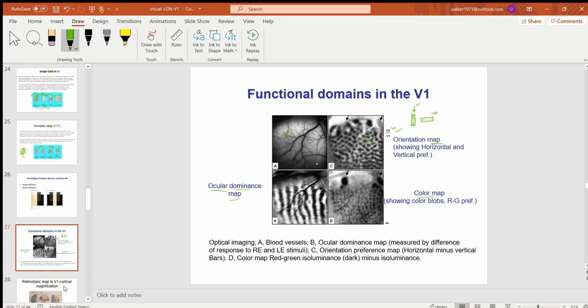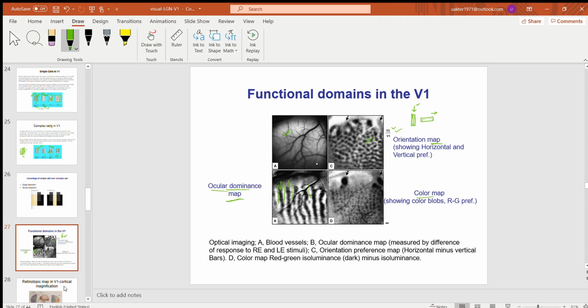Ocular dominance: they presented the stimulus to the right or left eye separately. When they presented the stimulus to the right eye, the left eye was closed, and neurons in these columns were activated. Then they asked the subject to close one eye and open the other, and presented the stimulus to the other eye, and they saw that these dark columns were activated, but the light columns were inhibited.